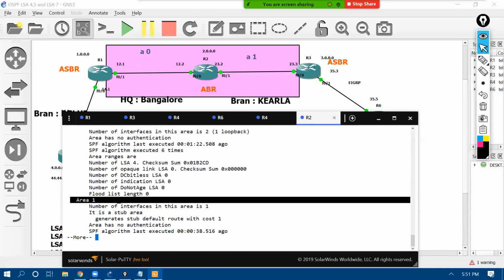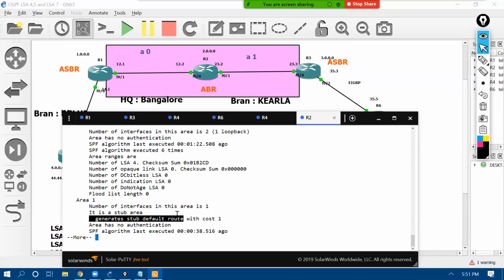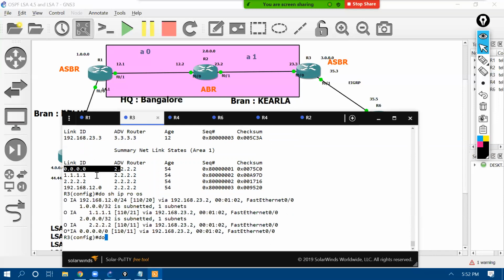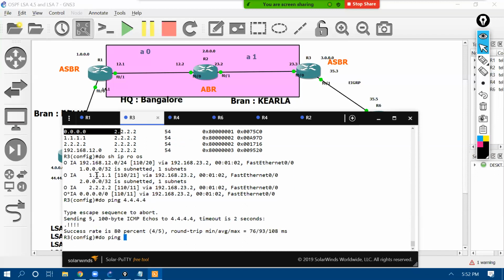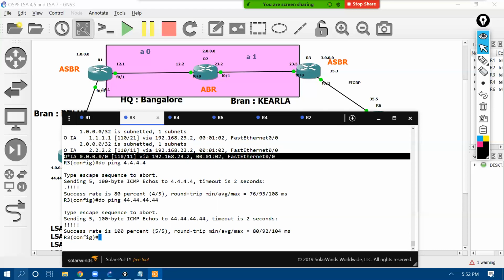Can you see that this area 1 is part of which area? Stub area. And in this stub area, what we are doing right now, we are generating a default route with the cost 1, right? As I told you, you can change the cost as well. So in the R3 router, what happened? We have one default route, and based on this default route, the router will forward the packet to any network, 4.4.4.4 and 44.44.44.44, based on this default route. So in the stub, what happens by default?